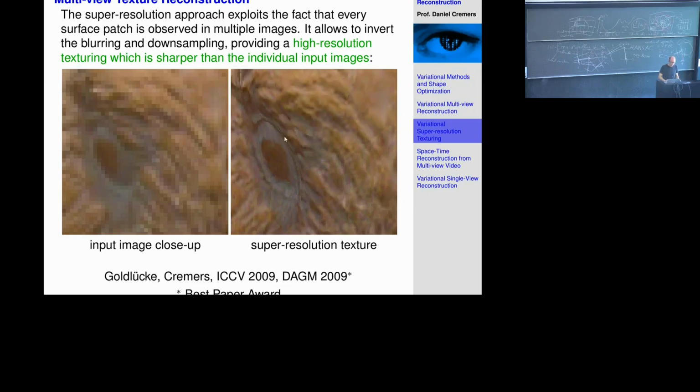And this on the right is the texture that our algorithm recovered. And as you can see, it's massively sharper than the input image. You see much more detail than you see in the raw input image. And since all images have the same resolution, they all have this pixelization. It's not like we have one sharp image that allows us to get the texture. No, from a lot of these pixelized images, we can recover one really high resolution texture.